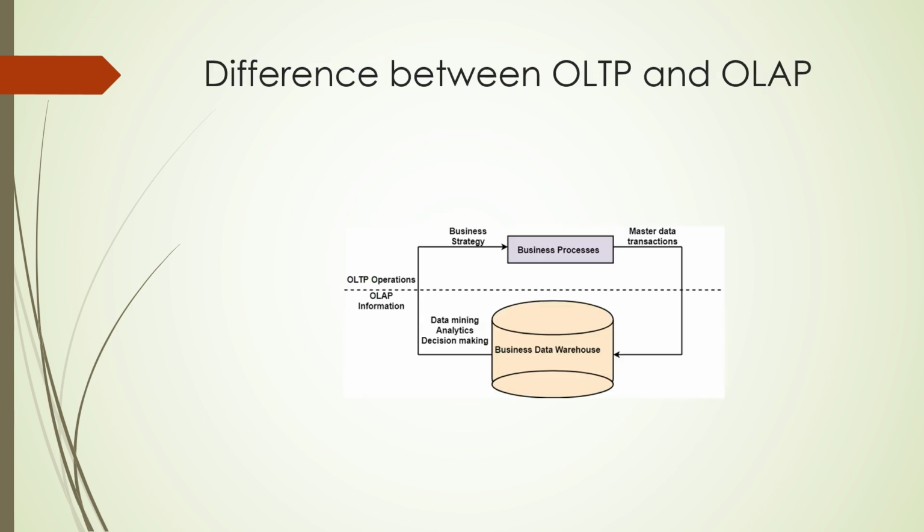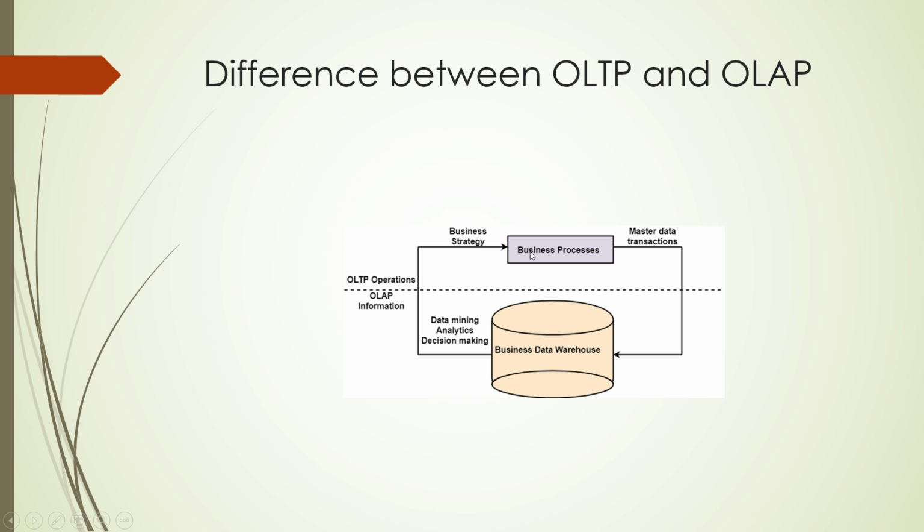Now, the difference between OLTP and OLAP models. Mainly, OLTP is where a large number of transactions like insert, update, delete are going to be done. This is the transaction thing.